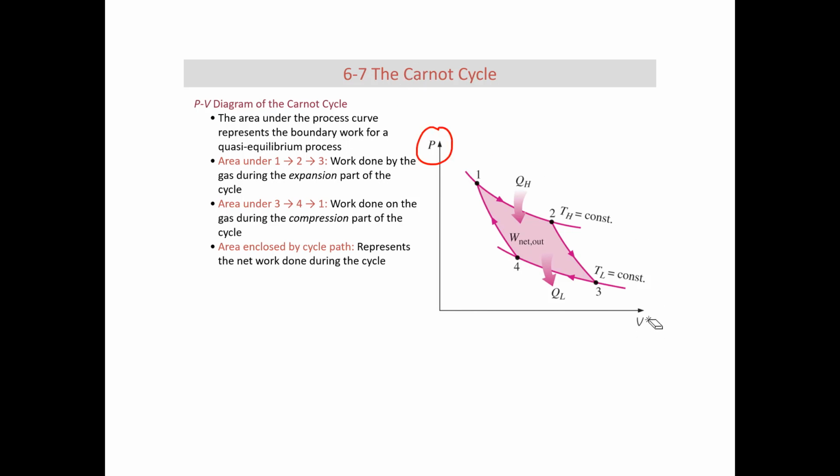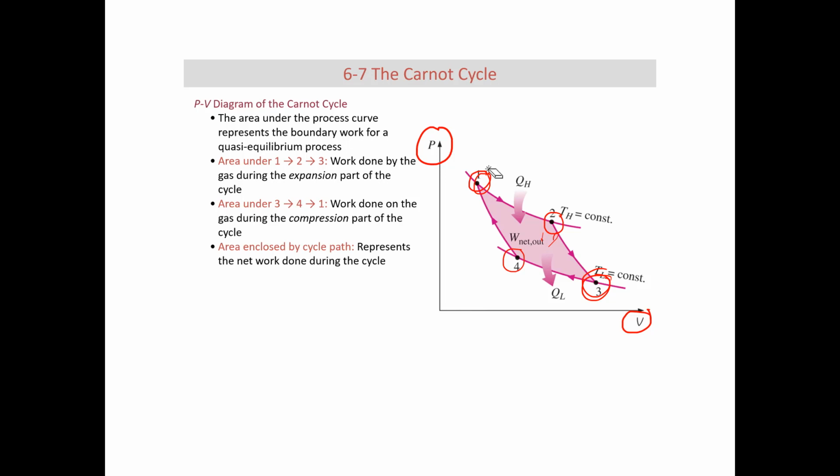So pressure on the y-axis, volume on the x-axis. The area under the curve represents the boundary work for a quasi-equilibrium process. So the area under 1 to 2 to 3 is work done by the gas during the expansion part of the cycle. 3 to 4 to 1 is the work done on the gas during the compression part of the cycle.